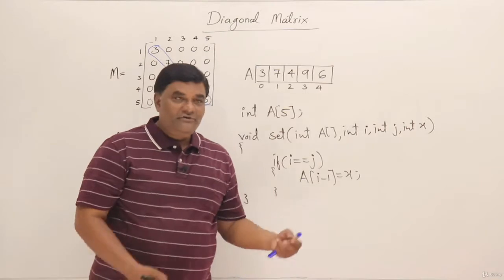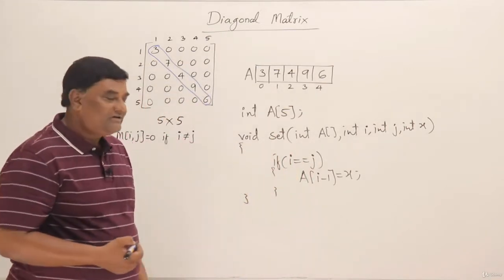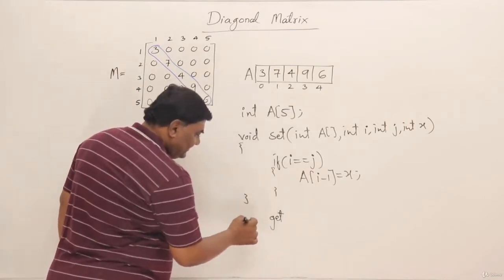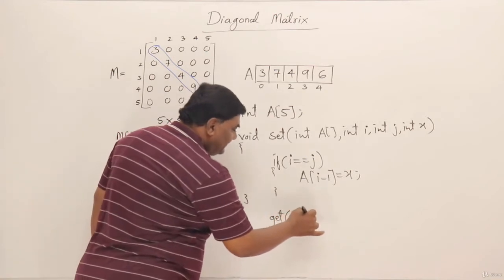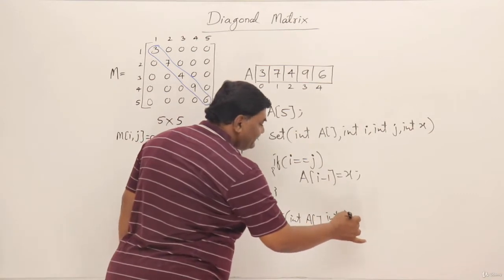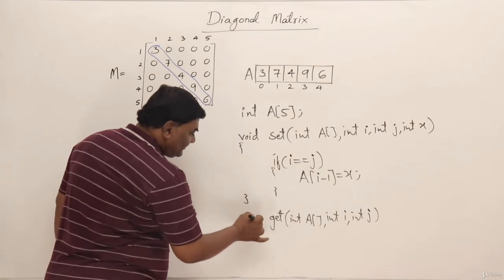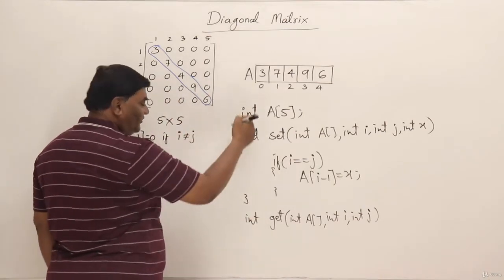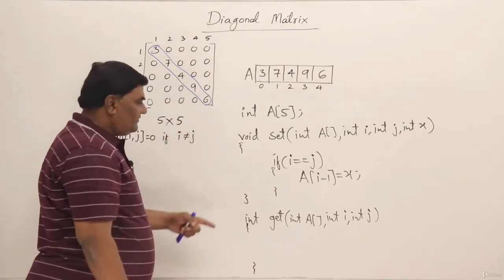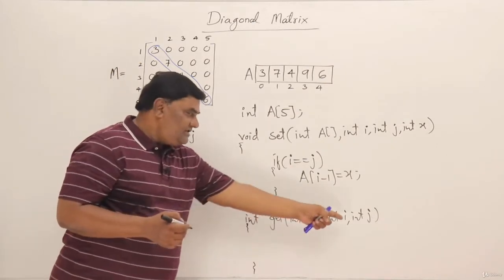Now I need a function for reading or retrieving the data from some row number and column number. For that, I will write a function called get, and this also needs an array, and it needs indices i and j, that is row number and column number, and it has to return the element. So the return type is integer. Now inside this, I have to retrieve an element from whatever i and j values are given.